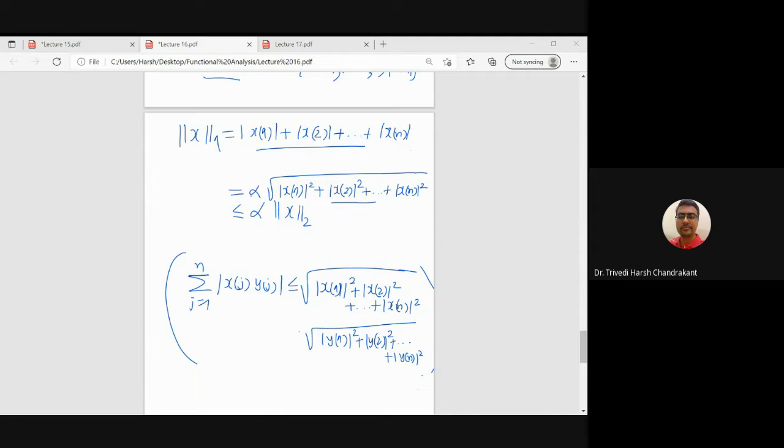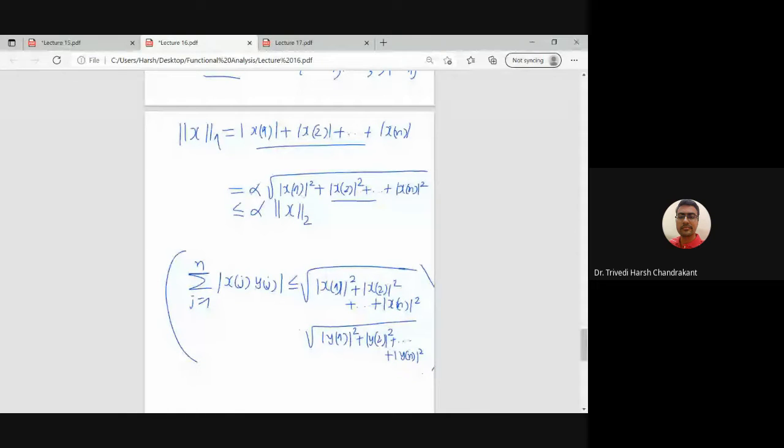If we take the modulus of x1 plus modulus of x2 plus ... plus modulus of xn and apply the Cauchy-Schwarz inequality, we get the square root of modulus y1 square, y2 square, and so on, under root n.